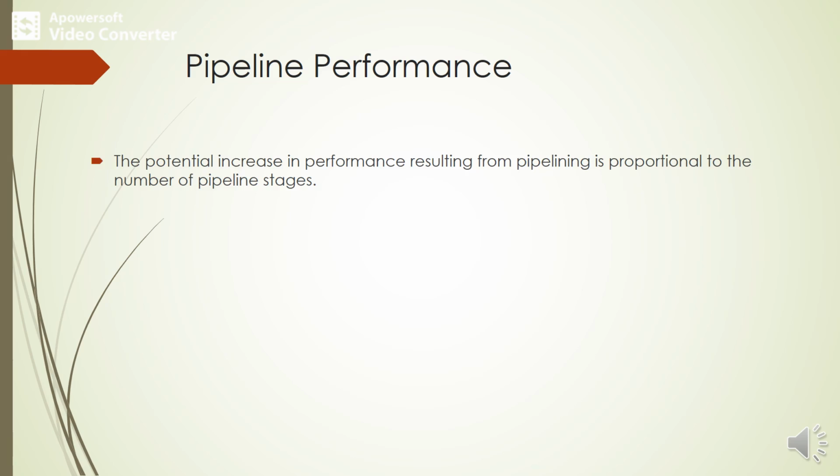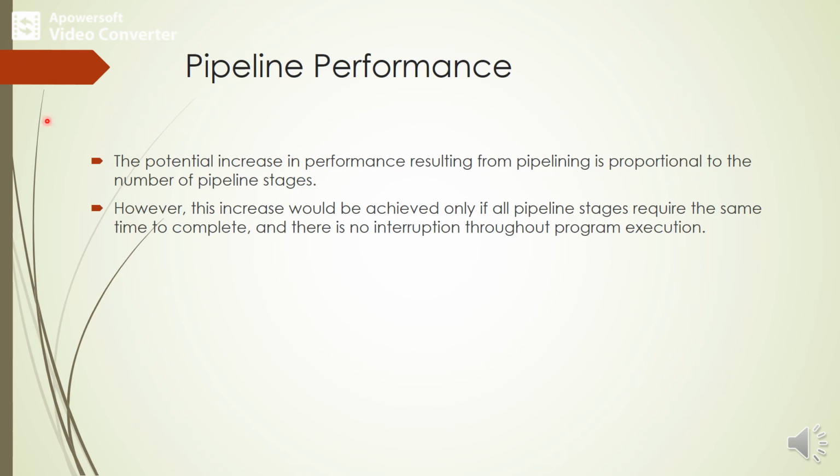The potential increase in performance resulting from pipelining is proportional to the number of pipeline stages. The performance basically depends upon the pipeline stages. However, this increase would be achieved only if all pipeline stages require the same time to complete and there is no interruption throughout the program execution.